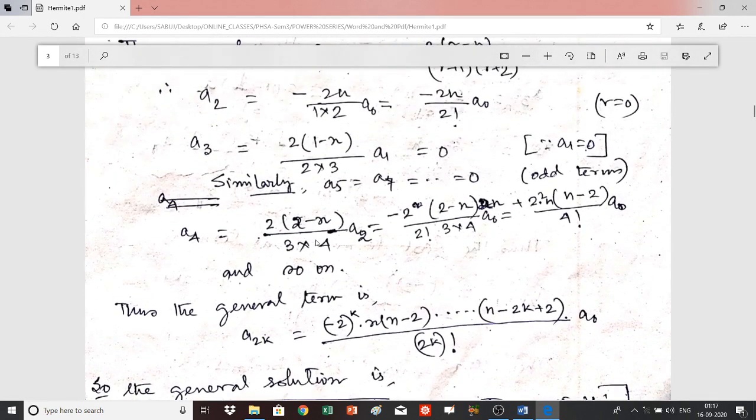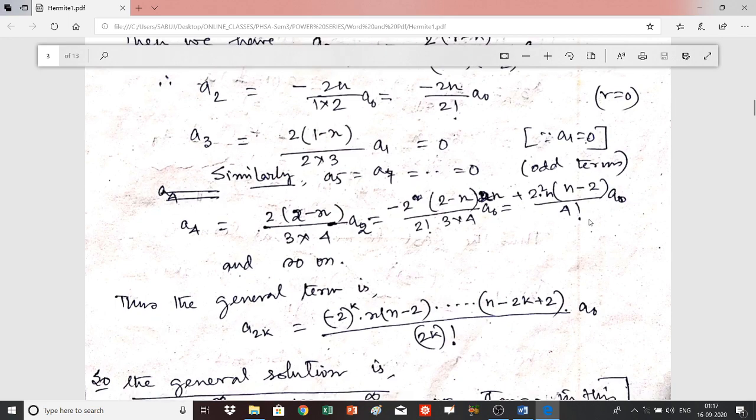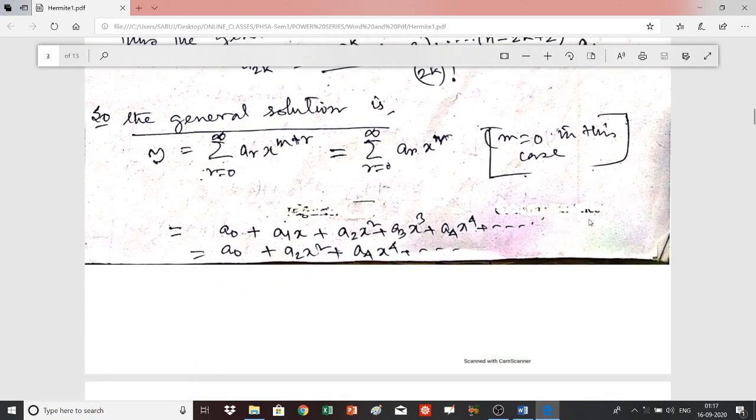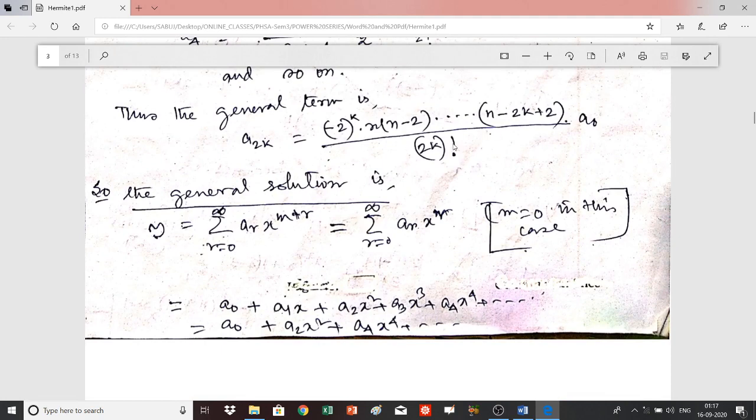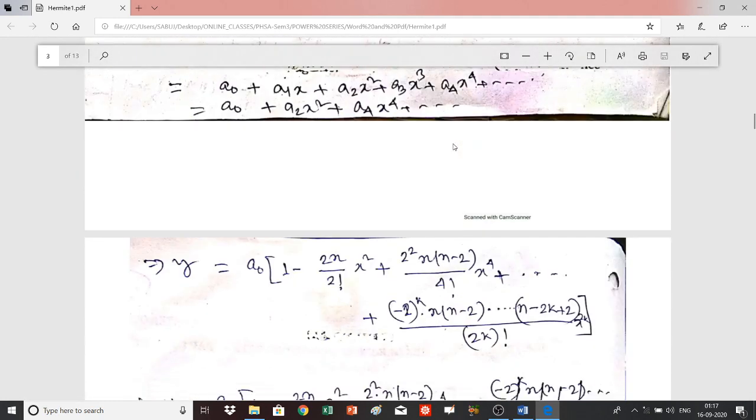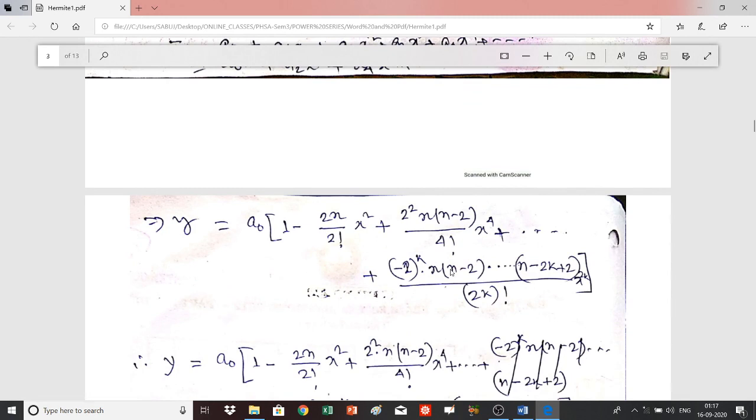And then the next term will be minus 2 whole square, or 2 square, into n into (n minus 2) by 4 factorial into x to the power 4. And in this way the last term is as given here: the last term will be minus 2 to the power k, n into (n minus 2) and so on up to (n minus 2k plus 2) by 2k factorial into x to the power 2k.